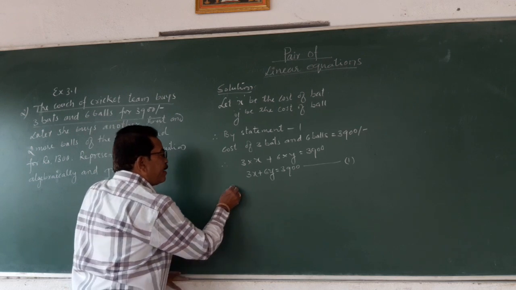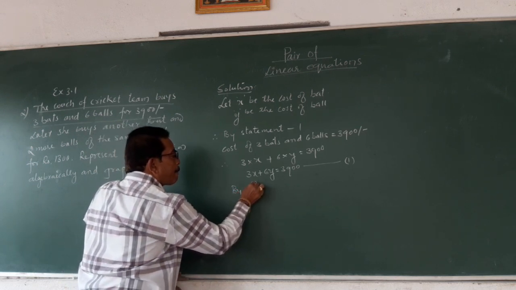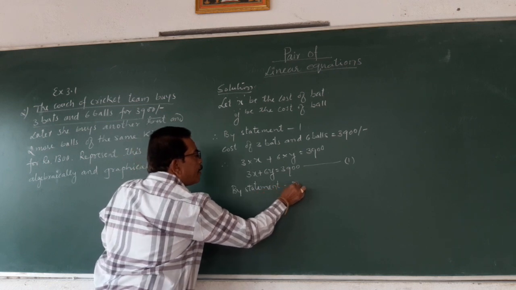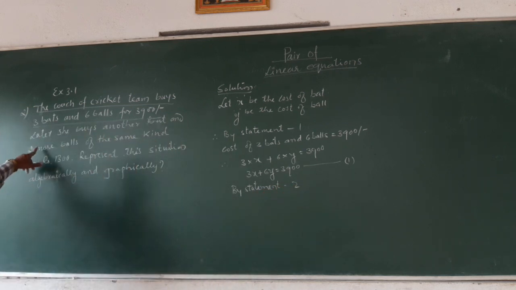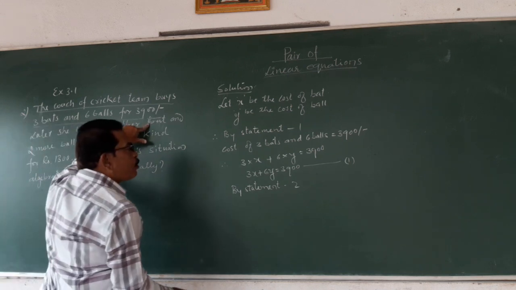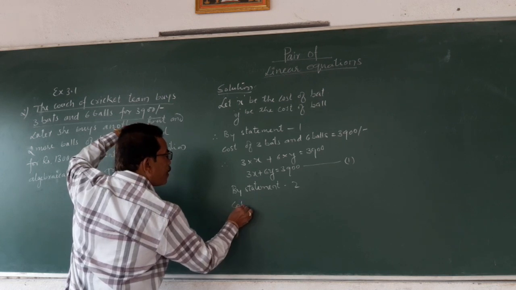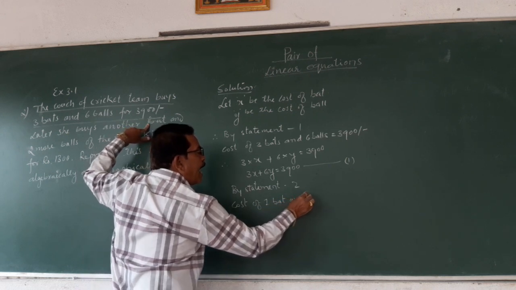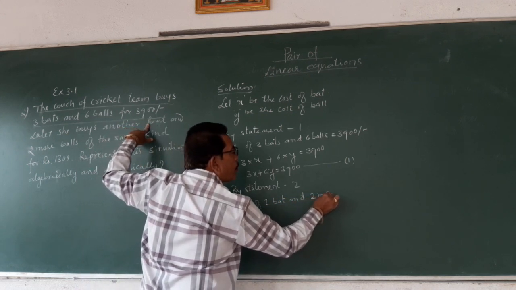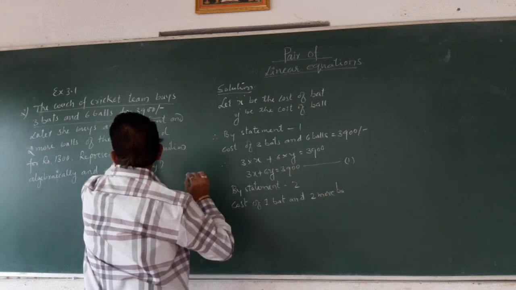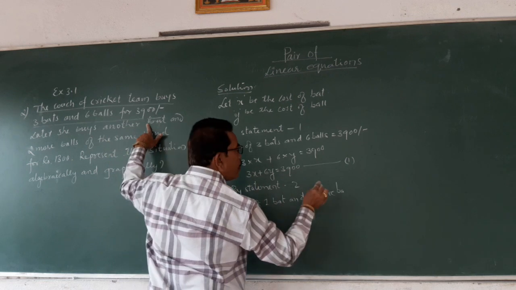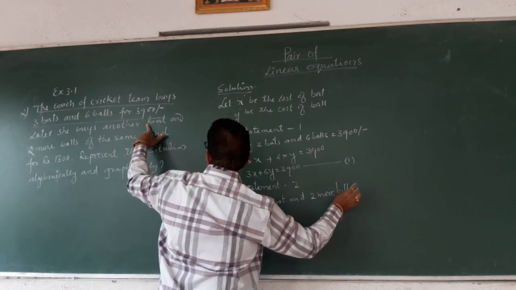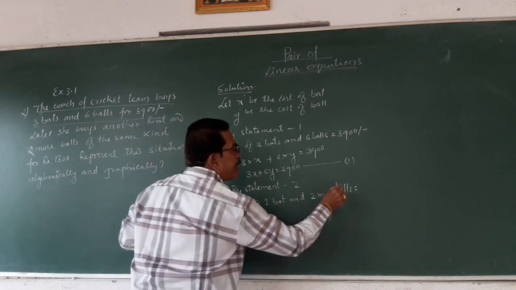Then by the second statement, the coach buys a bat and 2 more balls, that is the cost of 1 bat and 2 more balls equals 1,300.